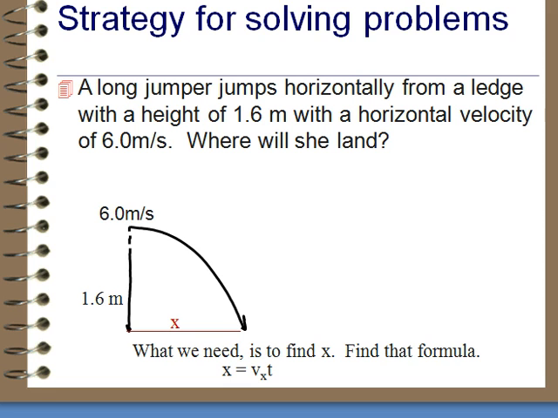To find that, we need velocity in the x direction. We got that, but we don't have time. We don't have time, so how could we figure this out? We'll have to use a vertical component to figure out time. We can do that with our vertical information, because we do have how high that little ledge is.